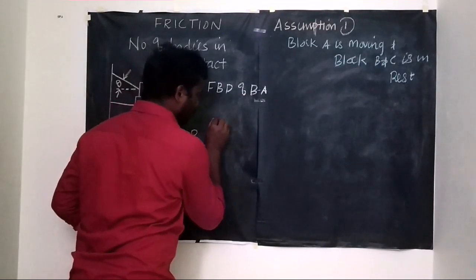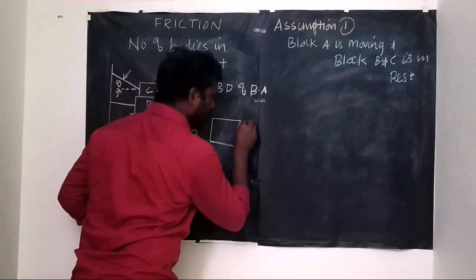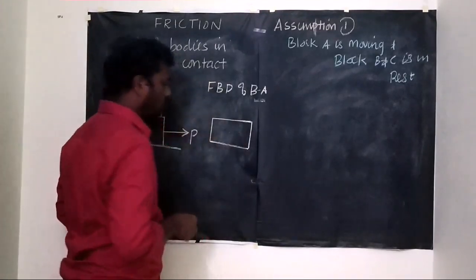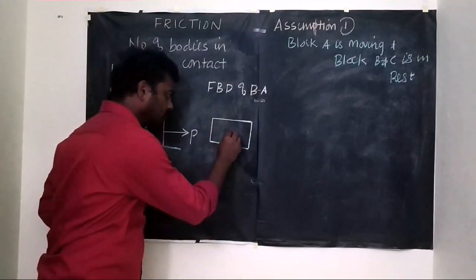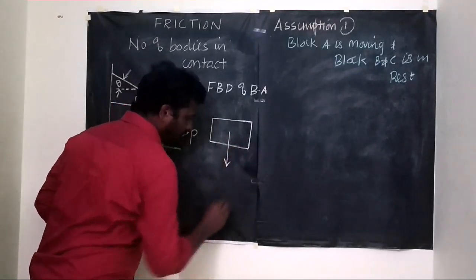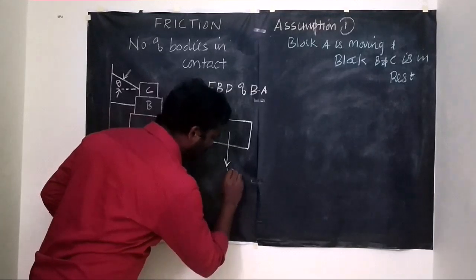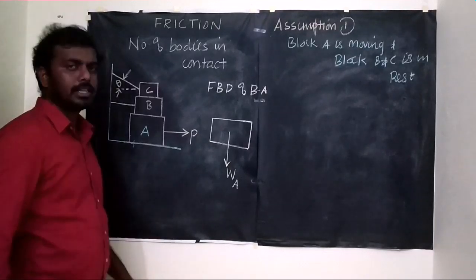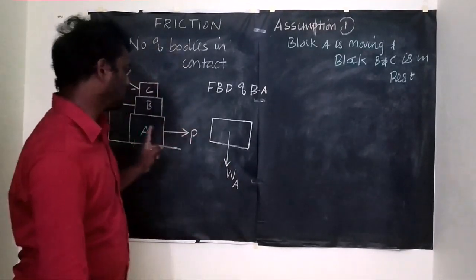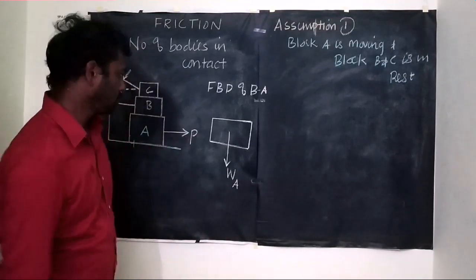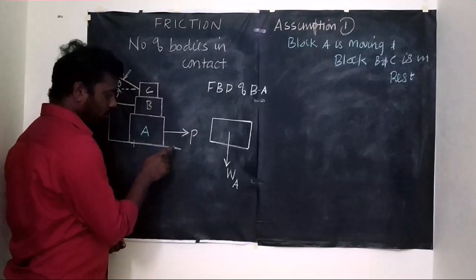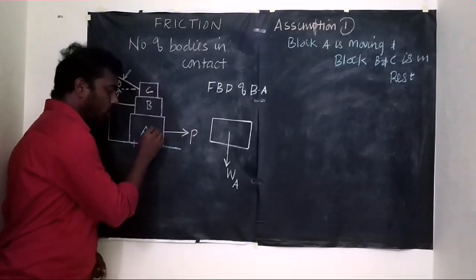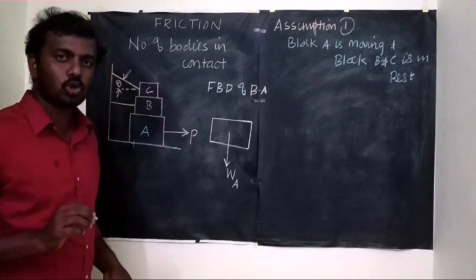Now this is my block A. This is the center of gravity of the body on which the self weight acts, that is mentioned by letter capital W suffix A. Then this horizontal plane exerts some normal reaction force on this block due to its equilibrium position.